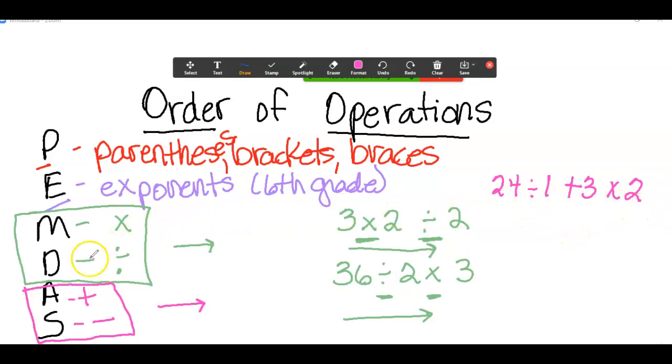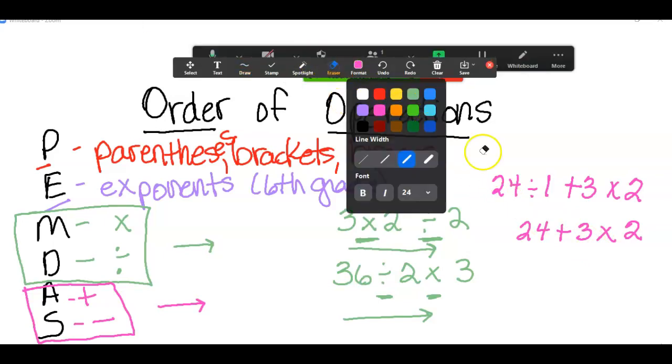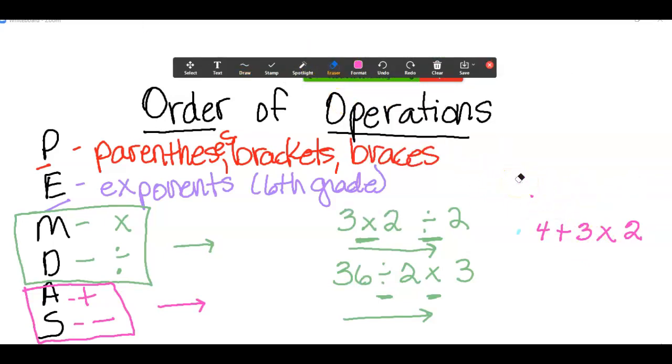Well, I know since division comes before this that I would have to do this first. 24 divided by 1 is 24. But then I now have addition and multiplication. I just realized I did that wrong, so ignore what I just said, because I'm trying to show you just addition and subtraction. So let me back up.